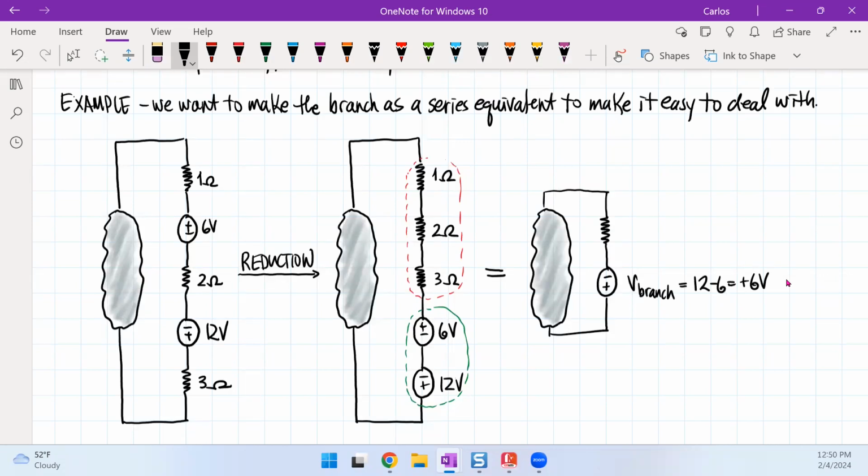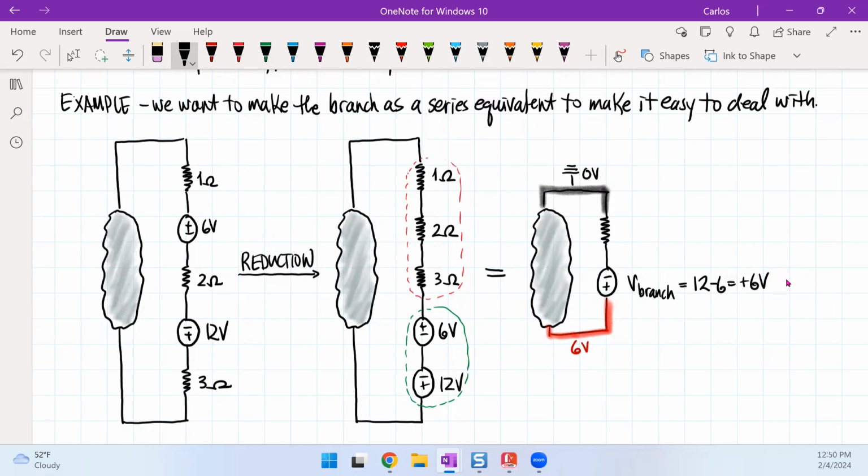And so that node right here tells me that this guy has to be 6 volts. And then because grounds are arbitrary, I'm going to pick my ground right here, and I'm going to choose my ground to be 0 volts right there.